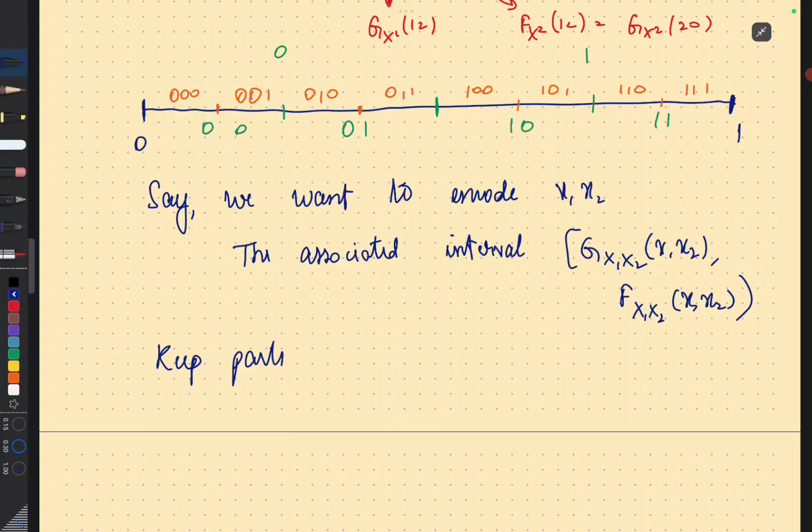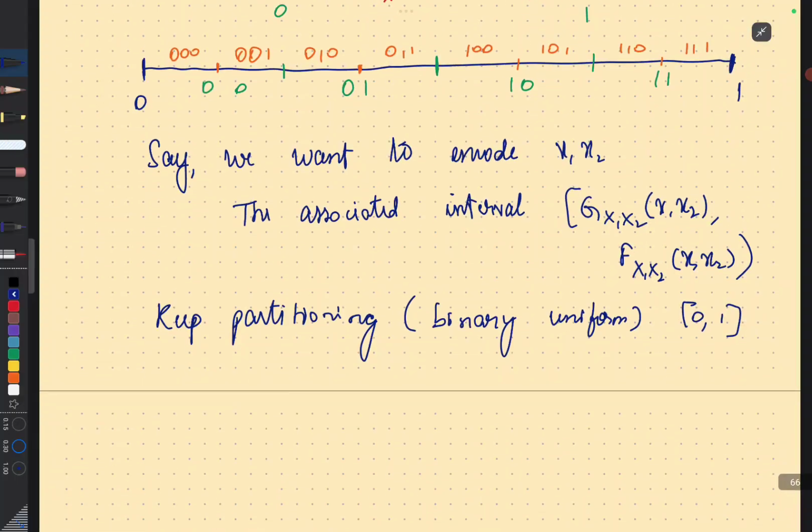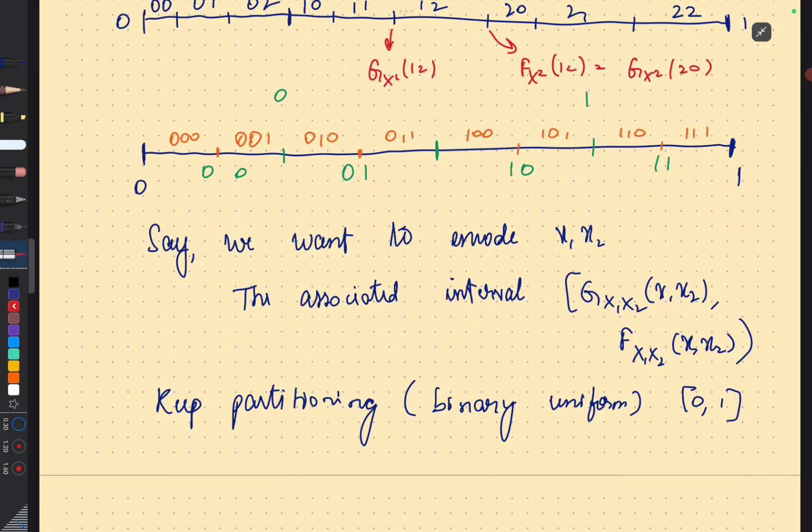You take the interval from 0 to 1 and you keep partitioning this into subintervals. You partition this uniformly. Remember, initially we started with 0 to 1, which was one interval. Then I partitioned it into two intervals, from 0 to half and half to 1. And then I sub-partition it into 0 to 1/4, 1/4 to half, half to 3/4 and 3/4 to 1. And then again sub-partition.